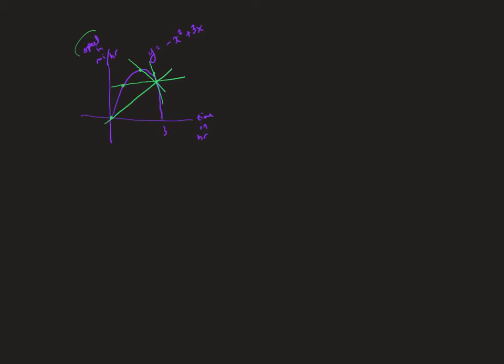Now, if I took the same graph and talked about area, so again, y equals negative x squared plus 3x. We're going to call this time in hours, and this speed in miles per hour. We know that the area underneath this is going to be miles per hour times hours, which is miles. But the shape of that region is not a geometric figure.